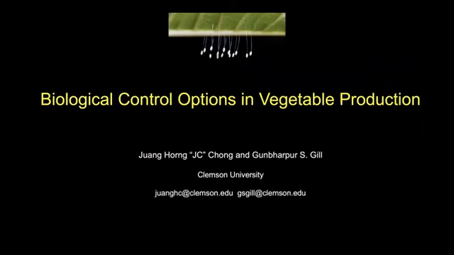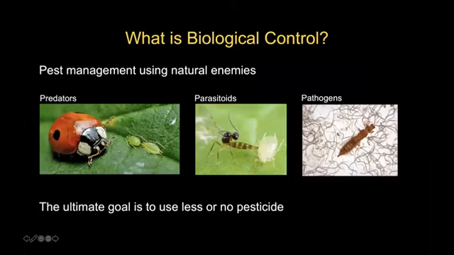JC and I will be presenting biological control options in vegetable production systems. I'm sure many of you are already familiar with biological control, but for those of you who are new at organic crop production, biological control is a collection of pest management tactics that use natural enemies to reduce pest populations.